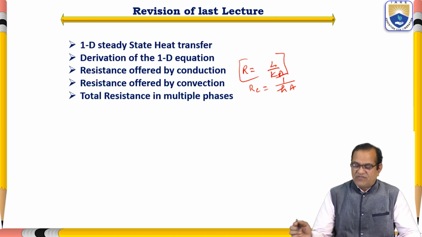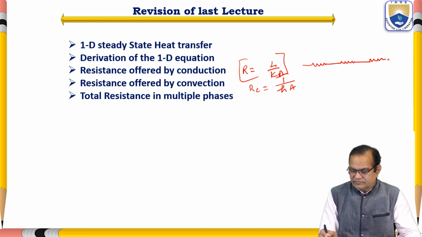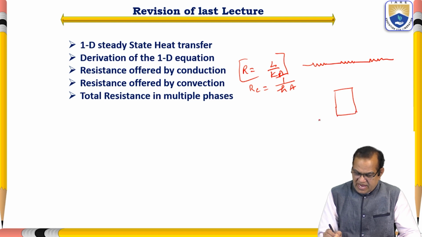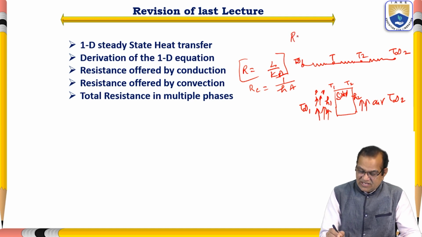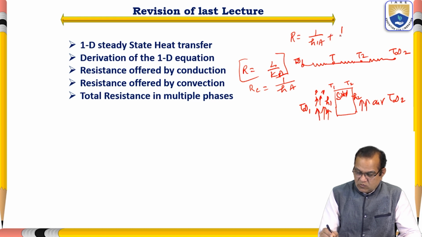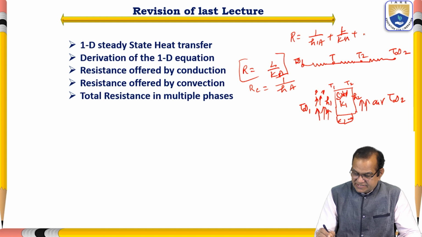Total resistance is in multiple phases. If we have a solid with hot fluid on one side with heat transfer coefficient H1, and air, the atmosphere, on the other side with H2, and temperatures T infinity 1, T1, T2 and T infinity 2, then the total resistance is R equal to 1 by H1A plus L by K1A, where L is the thickness, plus 1 by H2A.